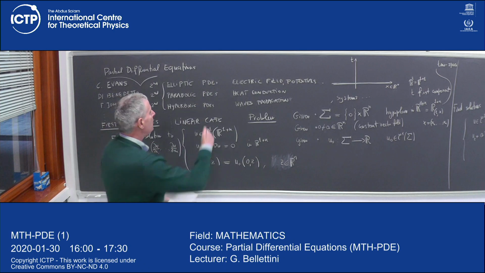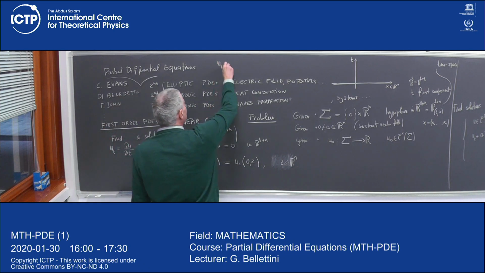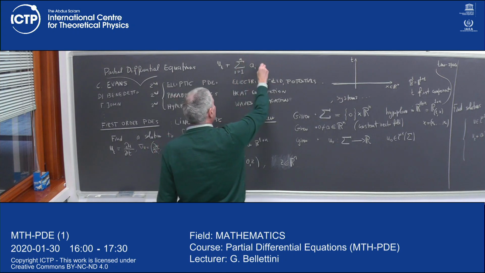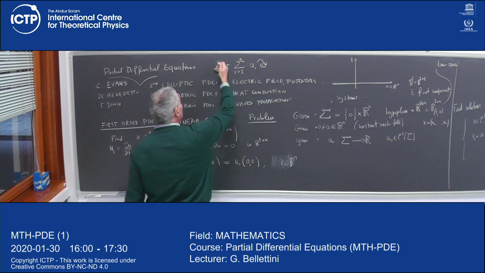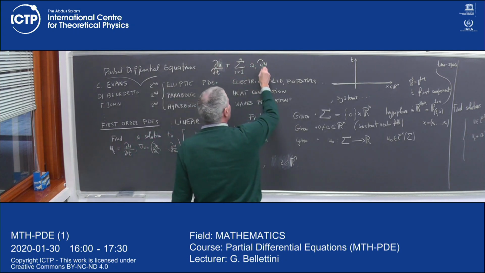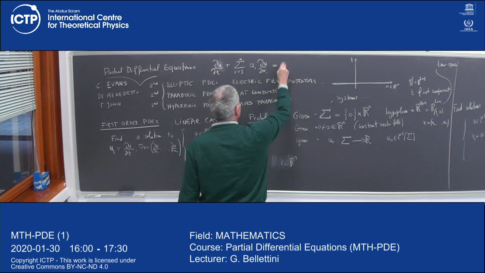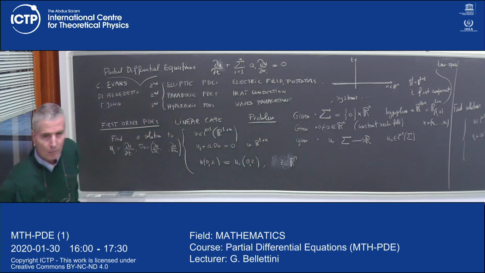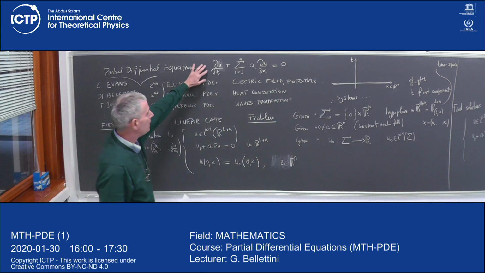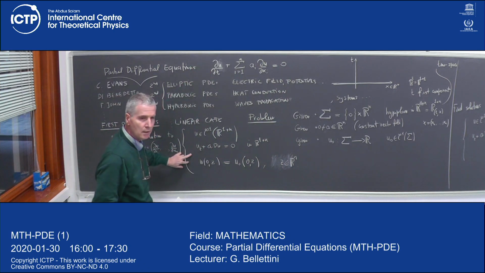Okay, so the PDE actually is u_t plus the sum from 1 to n of a_i du over dx_i equals 0. This is more explicitly how the PDE can be written.